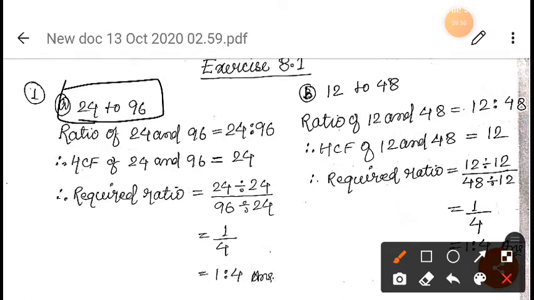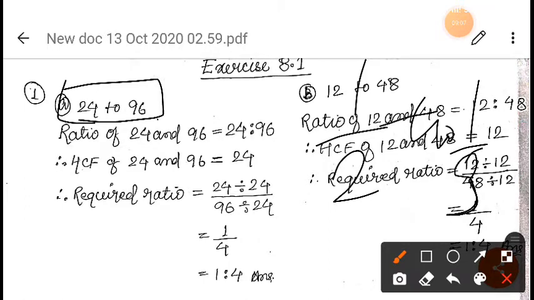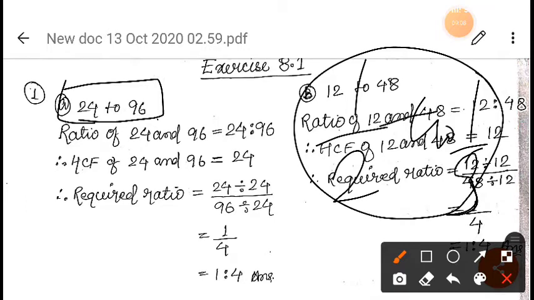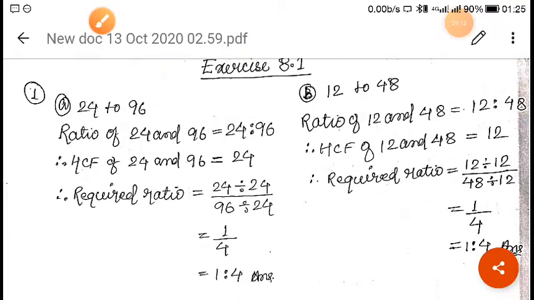If it is given like this, there is one more method for when there is a fraction type, like 1 by 2 to 1 by 3, and at that time there will be a different method. But if it is given in a simple way, not as a fraction, the method will be different, right?